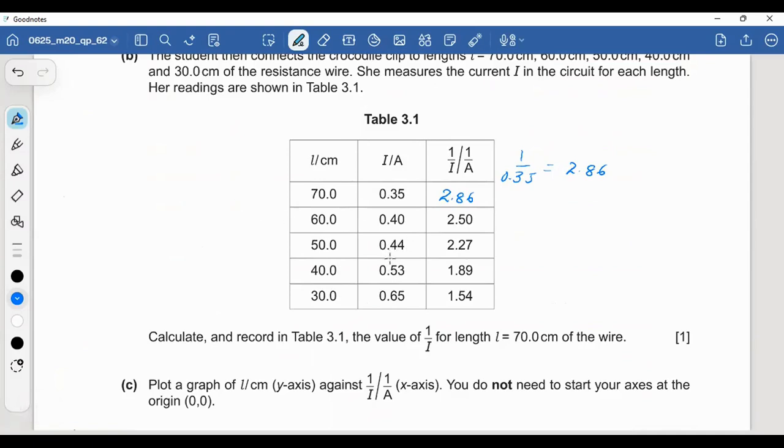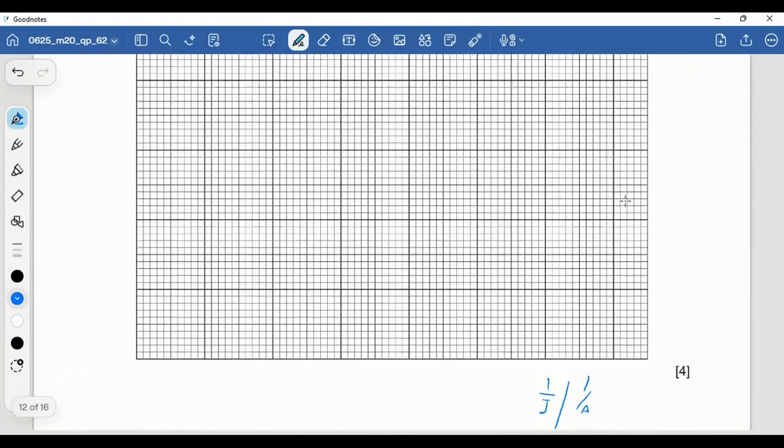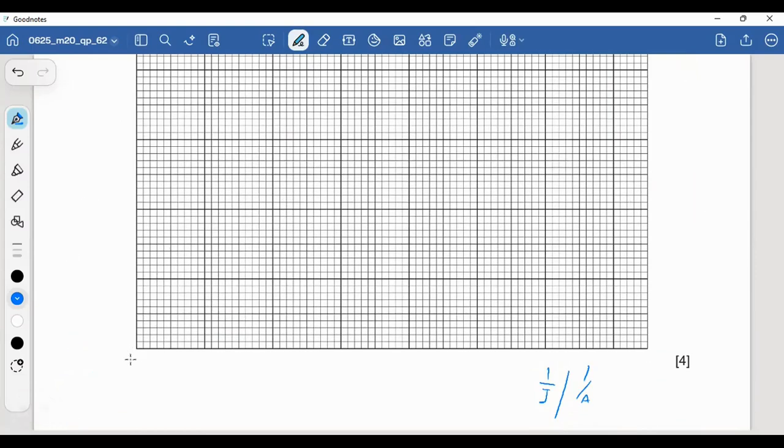If I start at 1.4 and go up to about 2.9, there are 7 large boxes, each representing 0.2 of 1 by I. We are not required to start from 0, 0, so I am starting from 1.4.